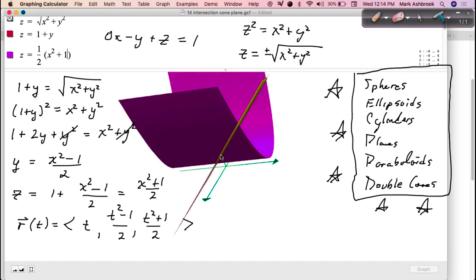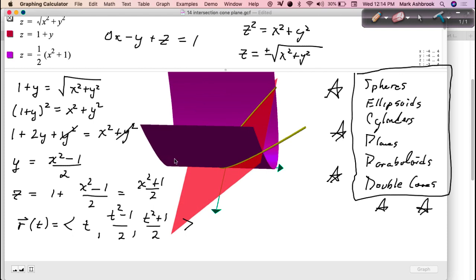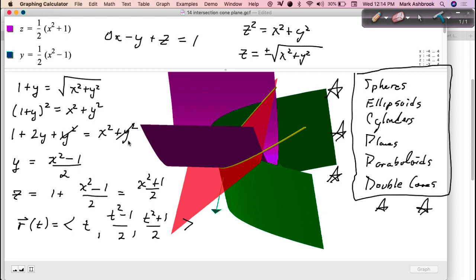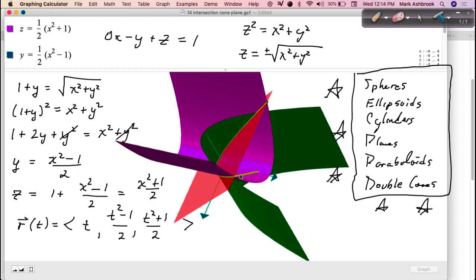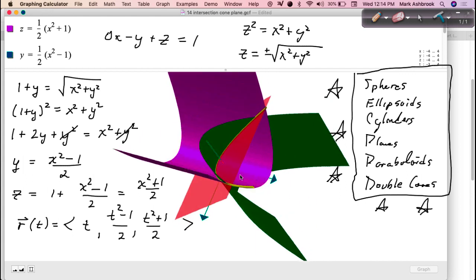That's another parabolic cylinder. So I got the plane, the one parabolic cylinder, and the other parabolic cylinder, which is which one? Y equals x squared minus 1 over 2. So that yellow curve we found is the intersection of those three, the plane and the two parabolic cylinders.